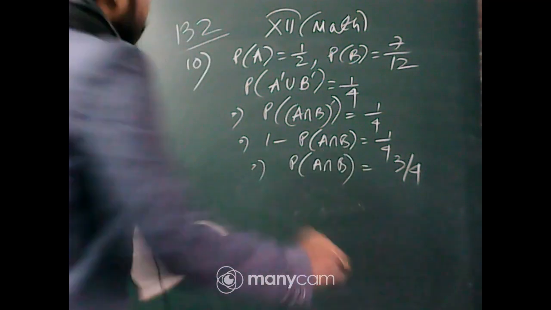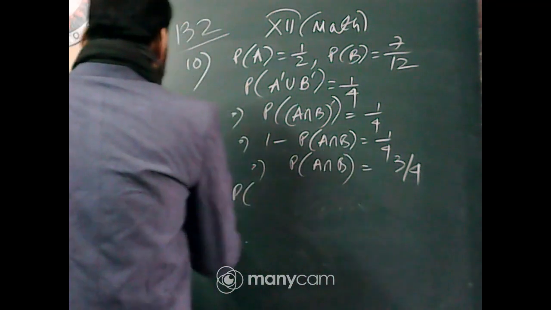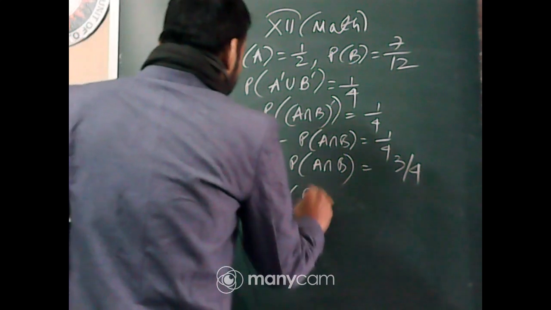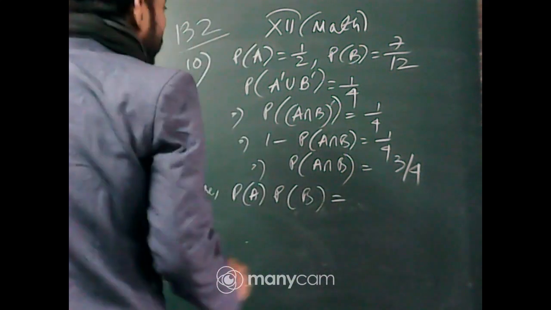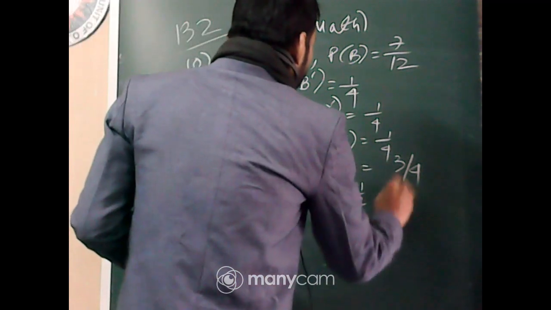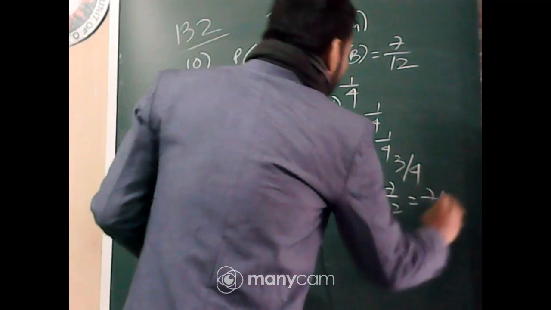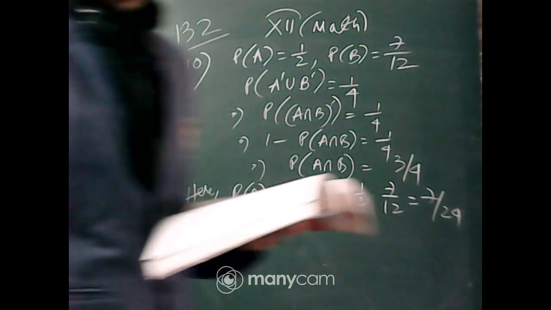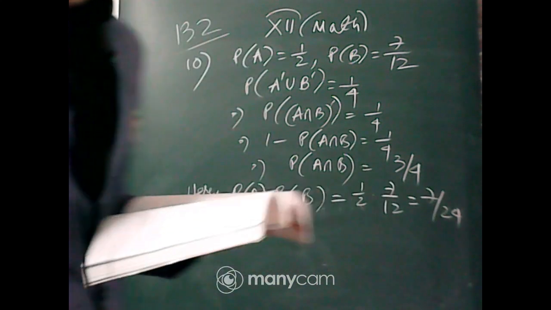So here P of A into P of B equals 1 by 2 into 7 by 12, that is 7 by 24, and P of A intersection B is 3 by 4. Are they equal?